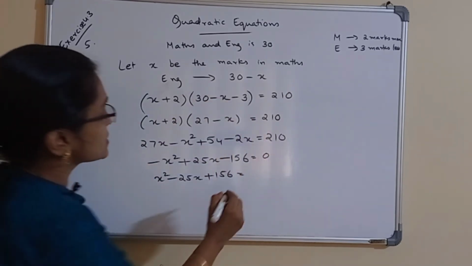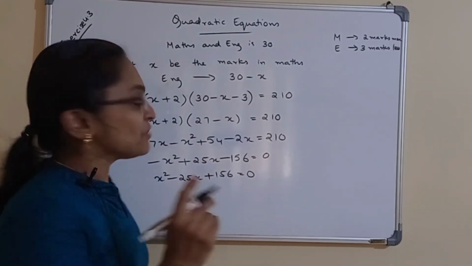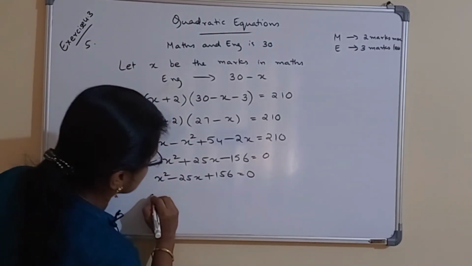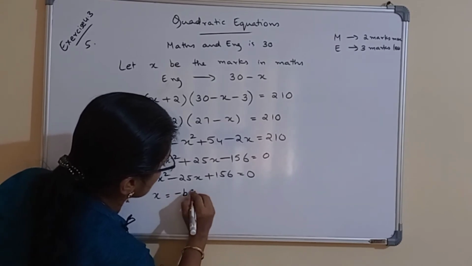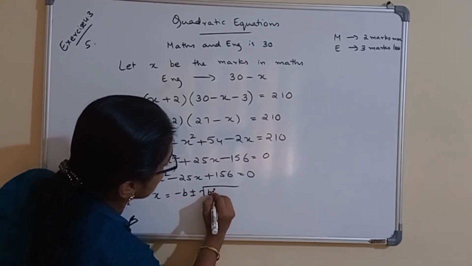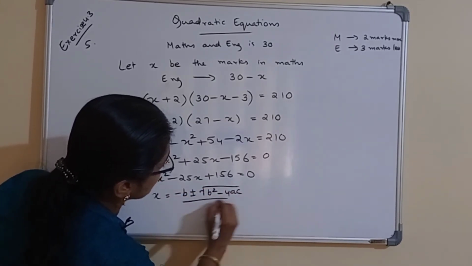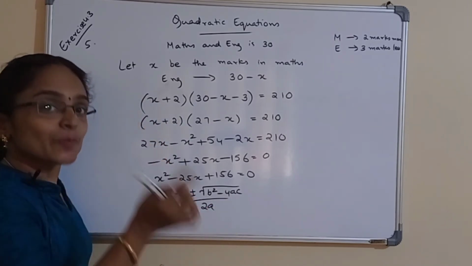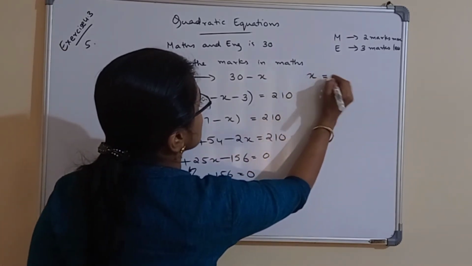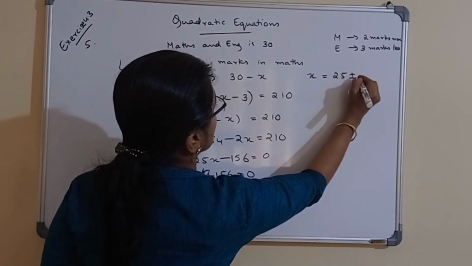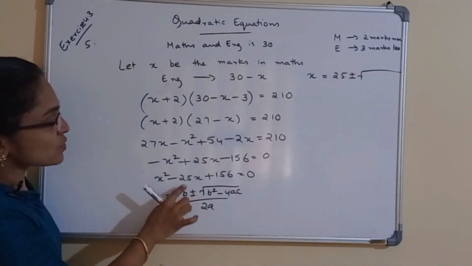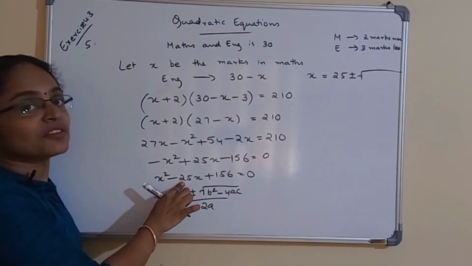So we can apply the quadratic formula: x is equal to minus b plus or minus root of b square minus 4ac by 2a. Minus b is minus of minus 25, so plus 25 plus or minus root of b square, which is minus 25 the whole square.